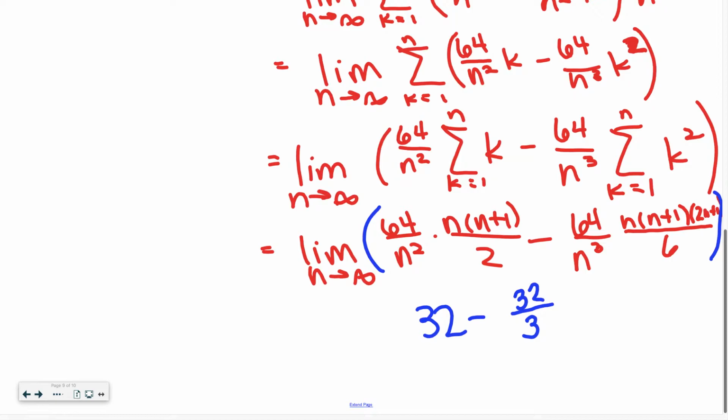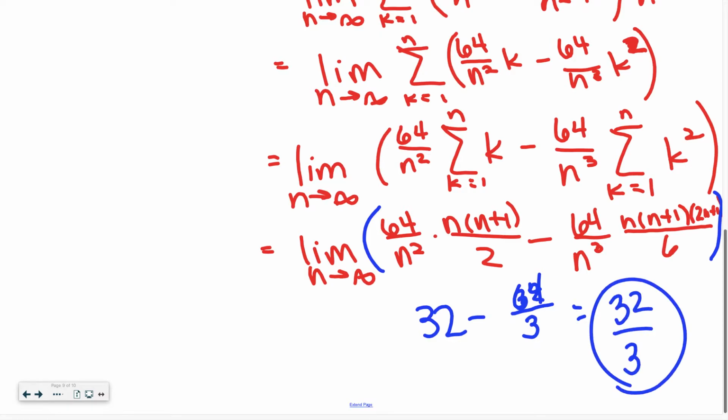So we have 128 n cubed, blah, blah, blah, over 6n cubed. And so then our horizontal asymptote would be 128 divided by 6, which is 64 thirds. So then when you take 32 minus 64 thirds, you get 32 thirds.